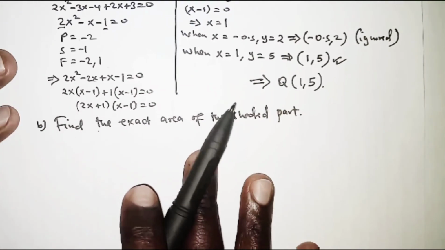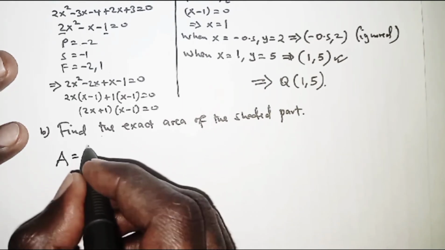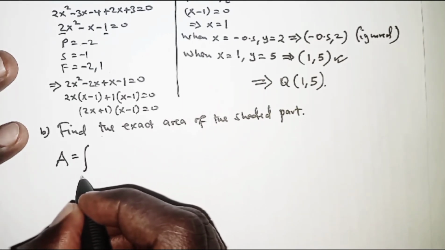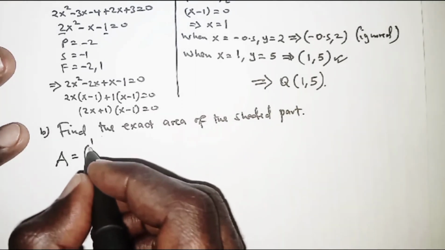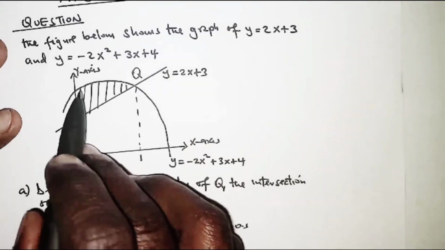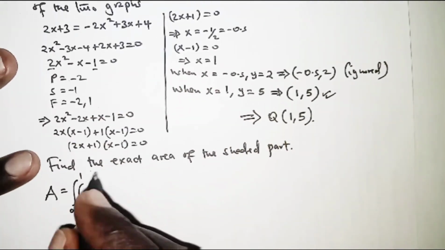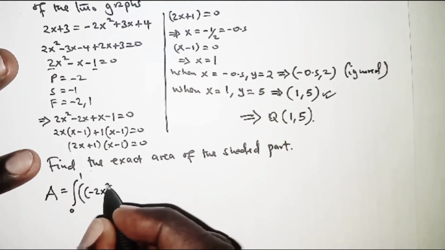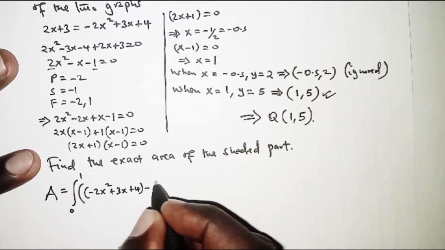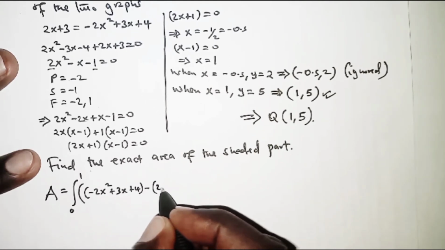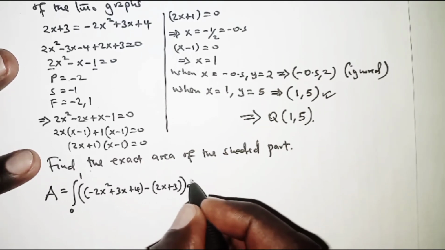So between 0 and 1, the curve is above while the straight line is below. In order to make work easier here, first we are going to get the area by integrating within the limits 0 to 1. We'll have the equation of the curve minus the equation of the straight line because the curve is above. So we have negative 2x squared plus 3x plus 4 minus the straight line, which is 2x plus 3, and we'll integrate with respect to x.